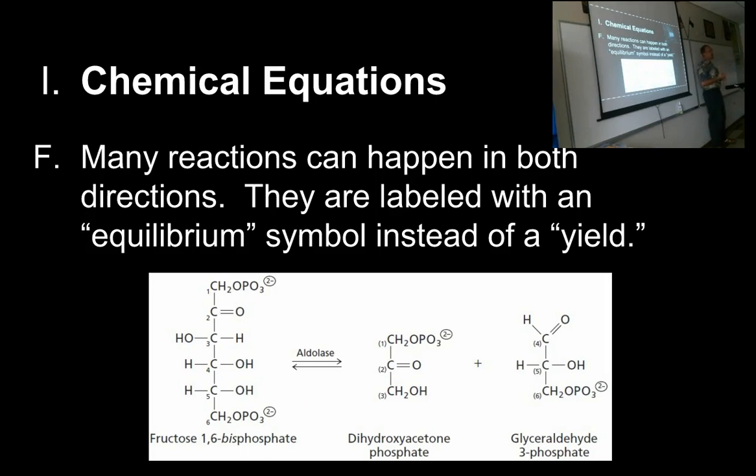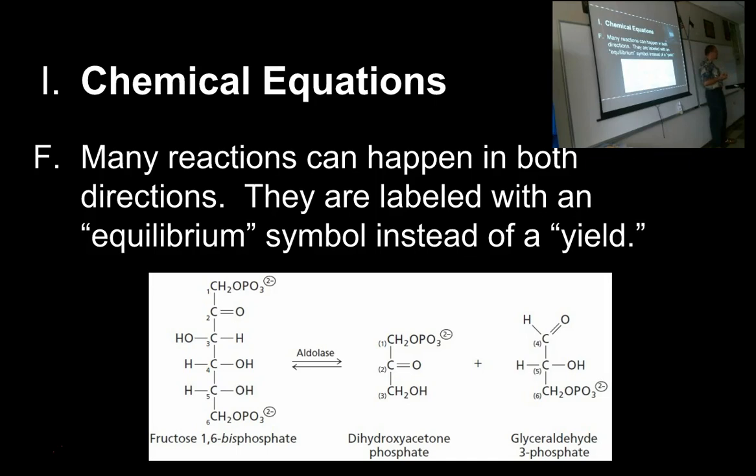And methane gas burning in the presence of oxygen gives you water vapor and carbon dioxide. And you can't just take the water vapor and carbon dioxide and turn them back into oxygen and methane. It doesn't happen. And so we use the yield sign, because it only goes one way. The reactants turn into products. The products don't throw it in reverse and turn back into reactants.